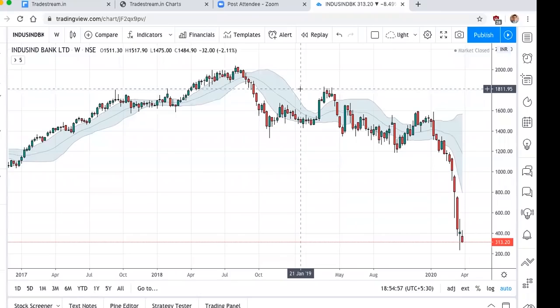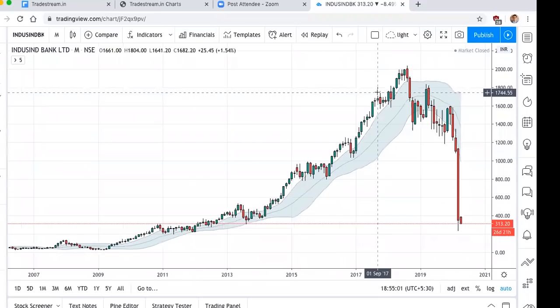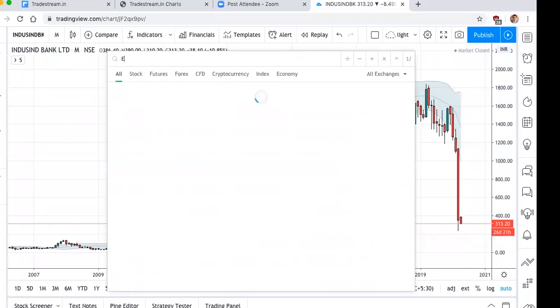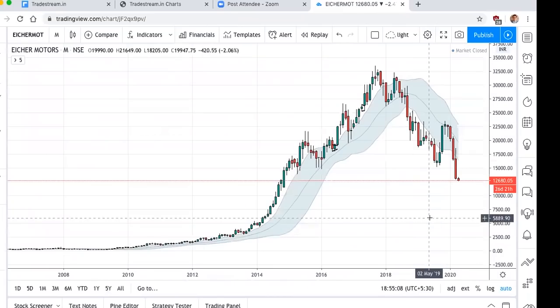The same thing can be done on very long-term charts, which are monthly charts. Let's look at an example of a multi-bagger that everybody loves. We look at Eicher Motors.